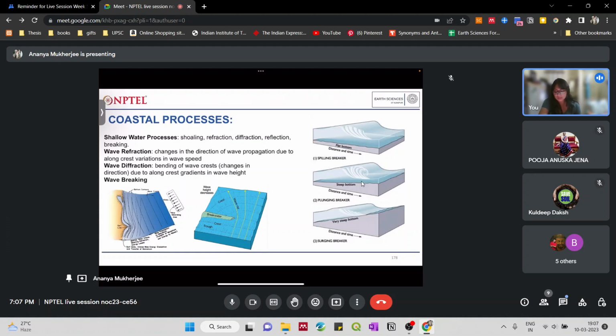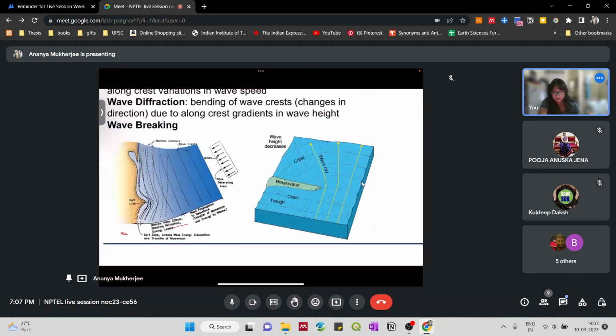In the bottom part, you can see that there is reflection and refraction from the shoreline. In the surf zone there is a transfer of momentum. This is where your waves crash, so there is intense wave energy in the surf zone area.